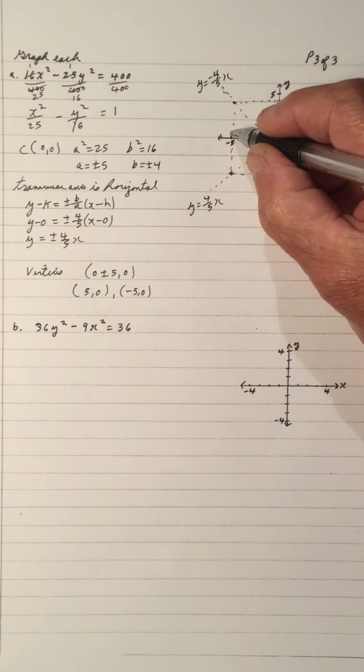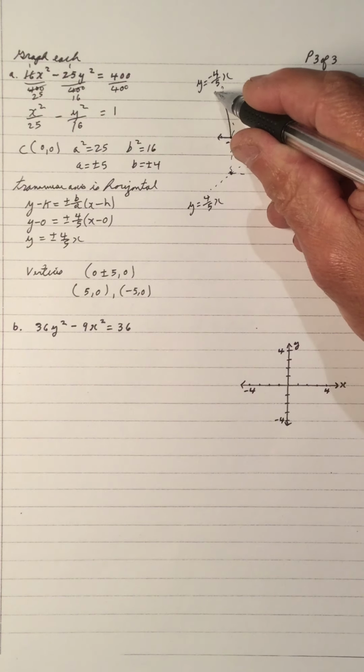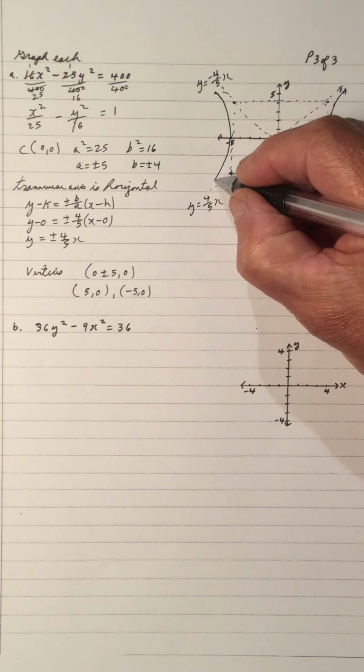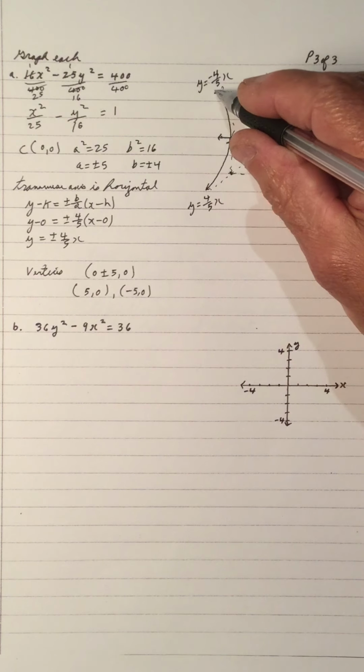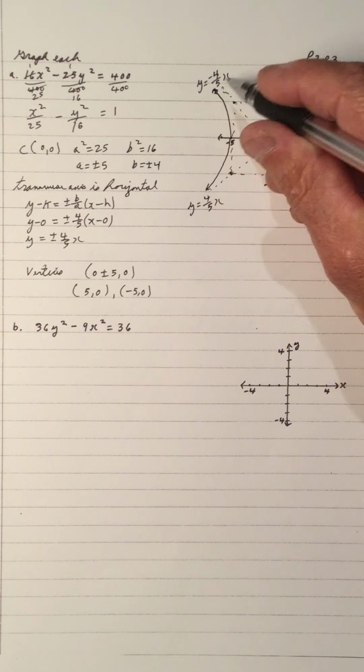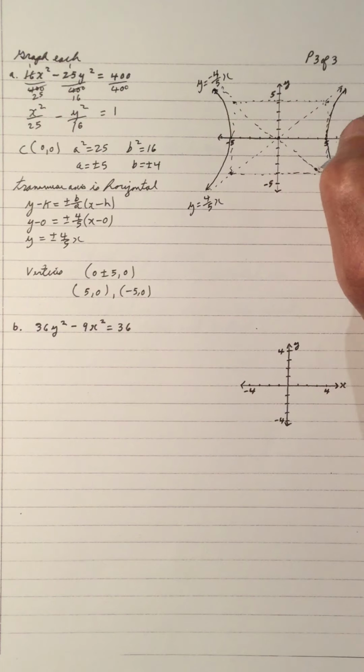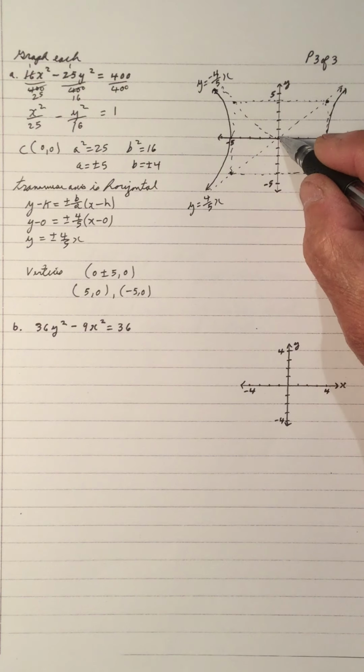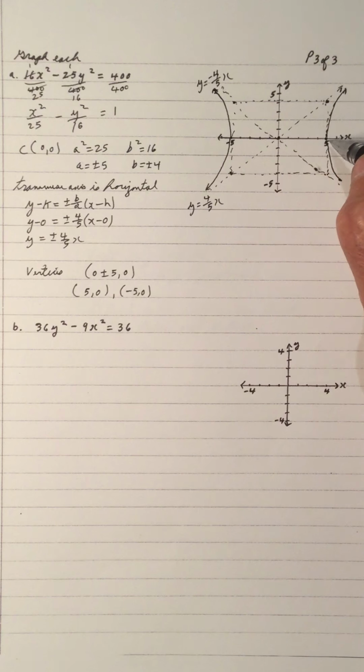And the other one is over here. Notice the asymptotes are broken lines, and the rectangular box is dotted just to pick up the corners. If you think about it, B is with the y, B is 4, A is 5.